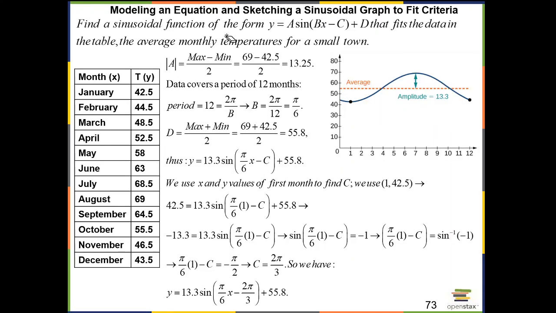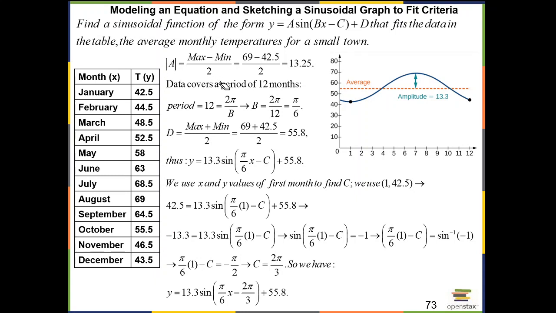Now, this is the main thing we want to do in this chapter. Applications like this. We are given a bunch of numbers here from January to December, and these are average temperature for some small town, right? So in January is that, in February is that, and so forth.